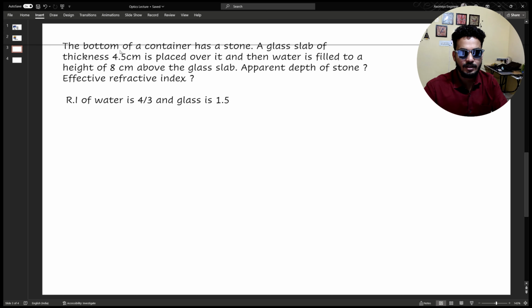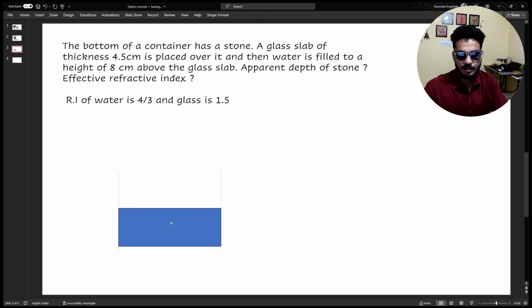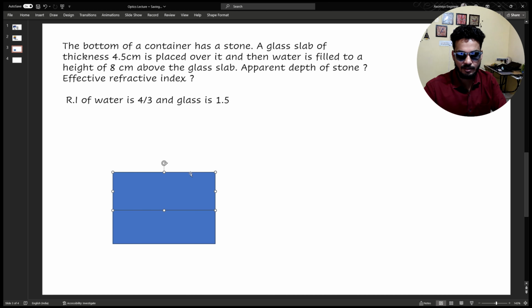This is how the first layer would look. This is the layer of water, and the glass layer is at the bottom. Let me make this one gray.